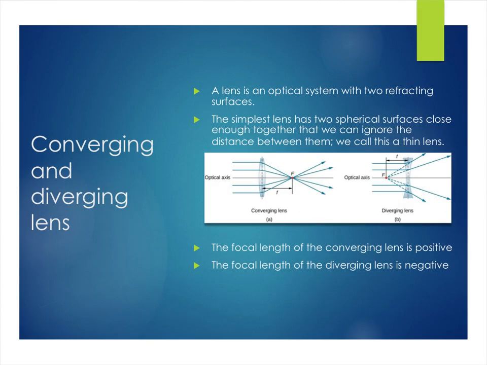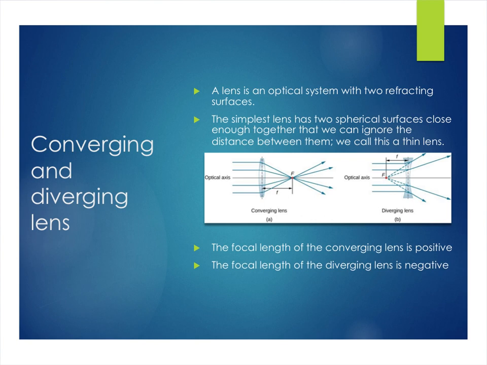So the way that lenses work, and we really gloss over this and get right to the very simple lens equation, is that you have refraction happening at two different interfaces, the front side of the lens and the back side of the lens.